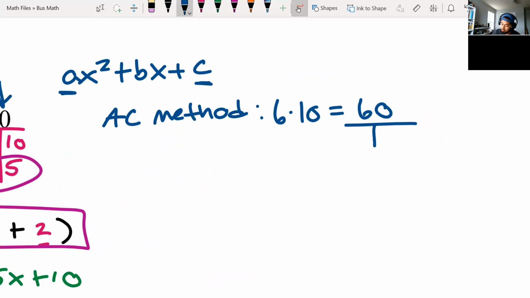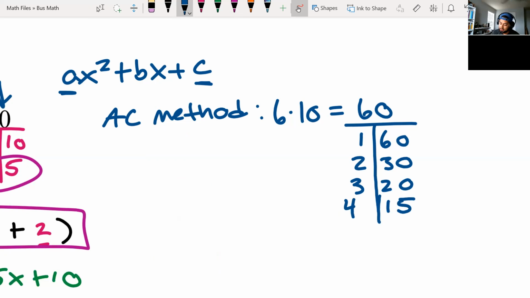And now we must list all the factors of 60. Oh boy. 1 and 60, 2 and 30, 3 and 20, 4 and 15, 5 and 12, and then 6 and 10. 7, no, 8, no, 9, no, 10.